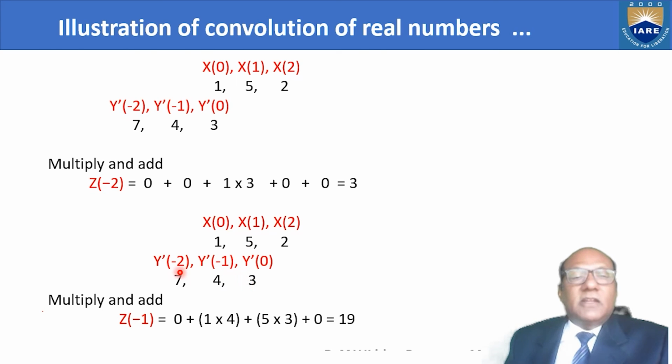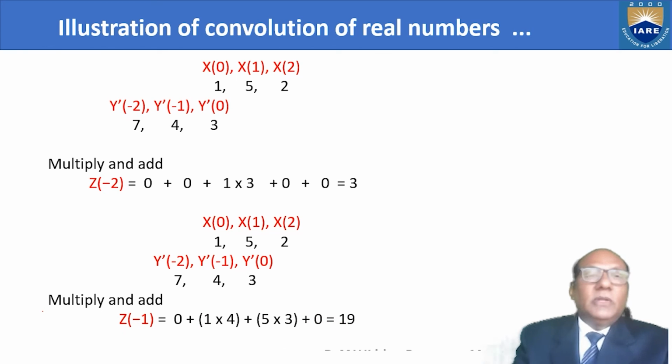Now when I multiply and sum: 0 into 7 is 0, 1 into 4 this term, 5 multiplied by 3 this term. So total 3 terms: 0, then 4 plus 15 is 19, and 2 into 0 again is 0, so 19. So z of minus 1 equals 19.